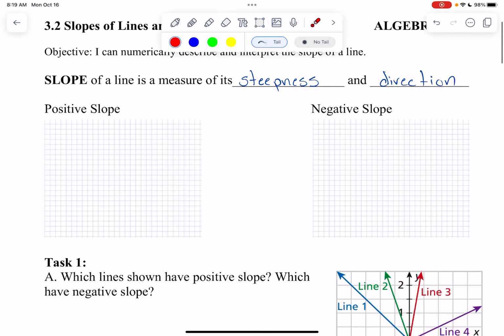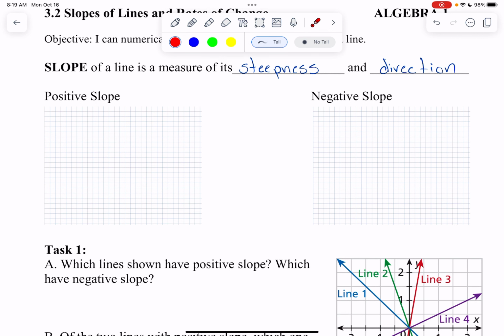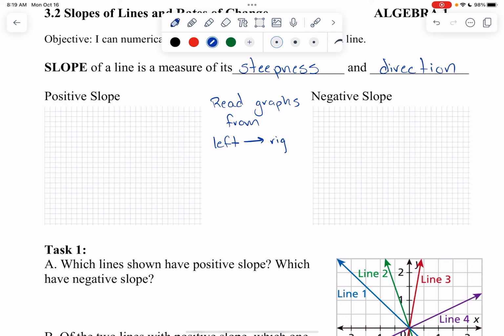We read graphs much in the same way that we read words, left to right. Just like we would read "positive slope" by reading the P first, we read graphs from left to right.